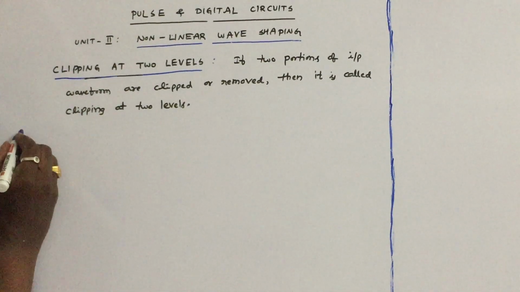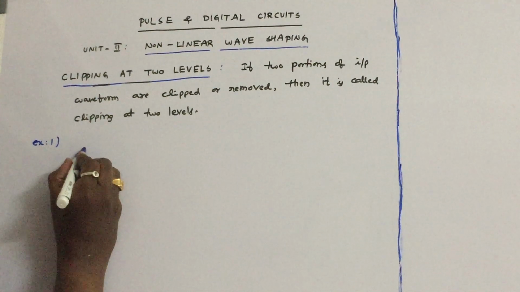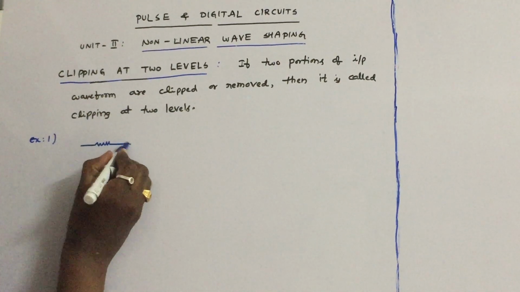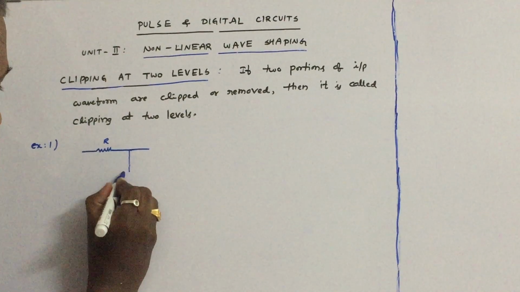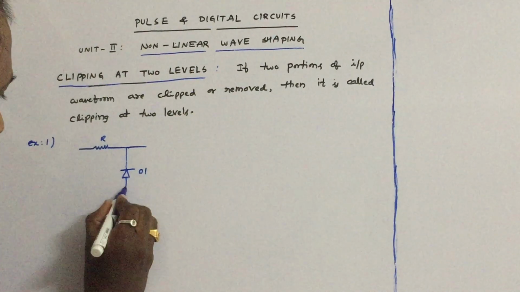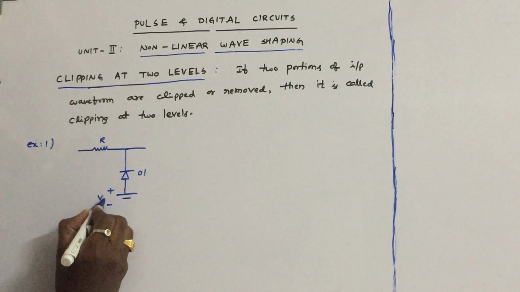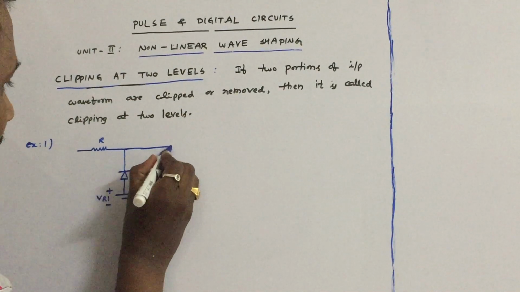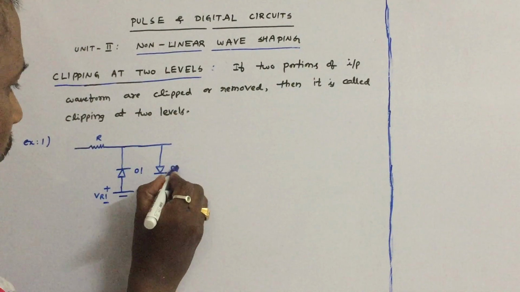So let us see example 1. Let us see the circuit. Resistor R, consisting of diode D1. The biasing for this diode D1 is say VR1, the reference voltage, and it has one more branch. This is D2.